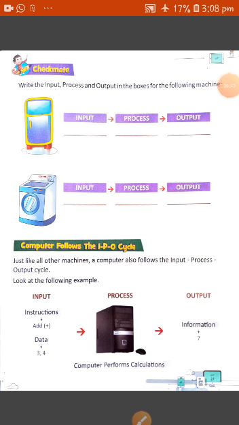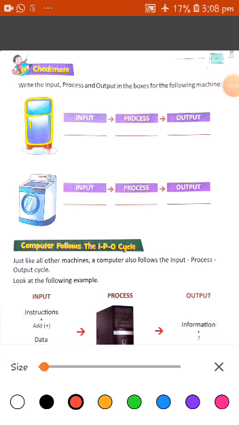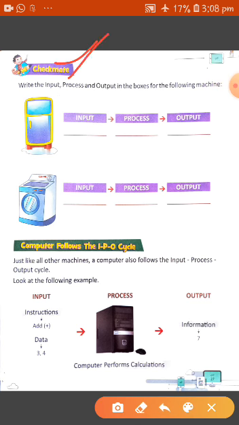Now we do Checkmate. Write the input, process and output in the boxes for the following machines. What is this? This is a fridge. So input is water.